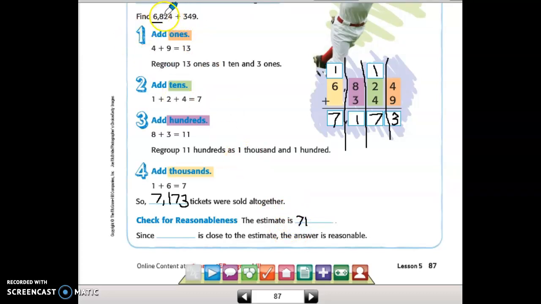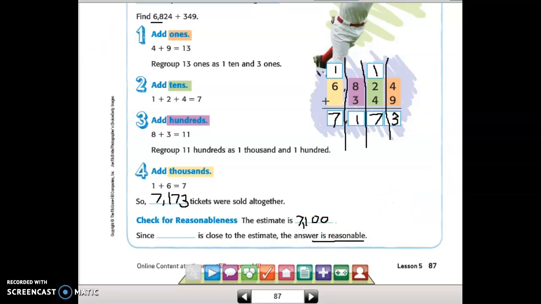So how many zeros do I need? 1, 2. So 7,100 is the estimate, and our actual answer is 7,173. And since they're fairly close, we can say the answer is reasonable. That makes sense for this equation.